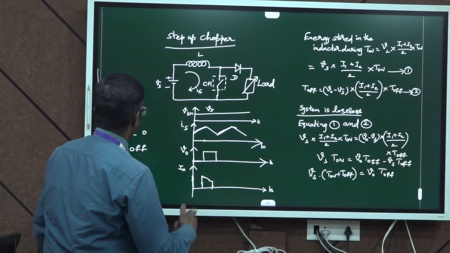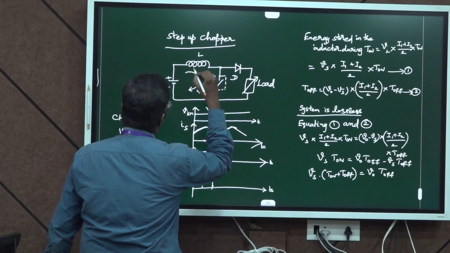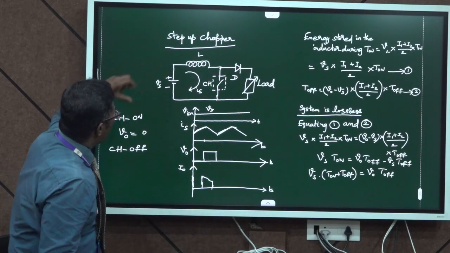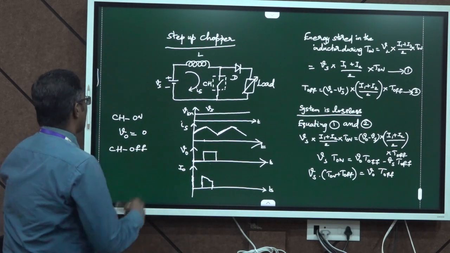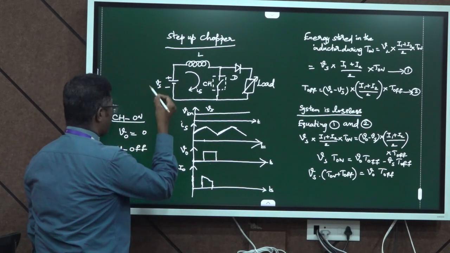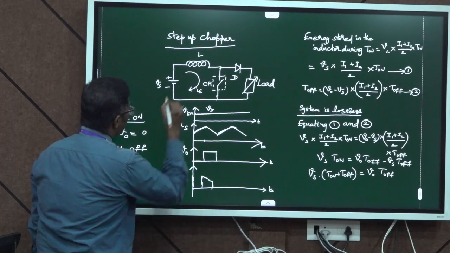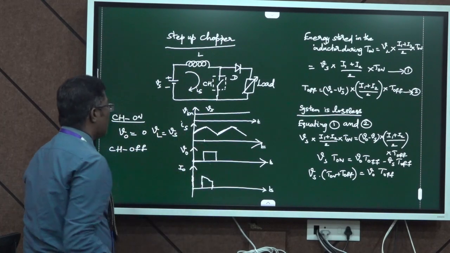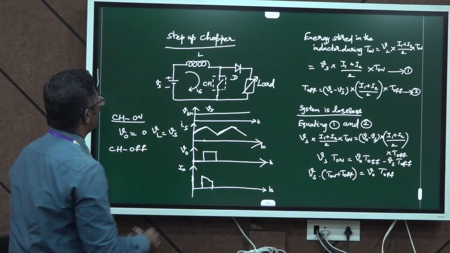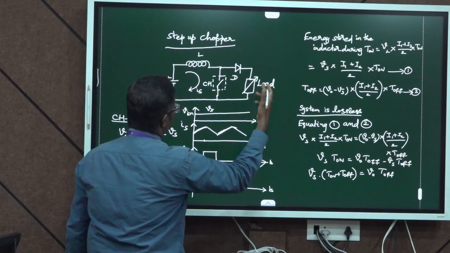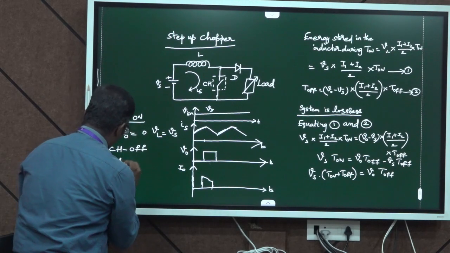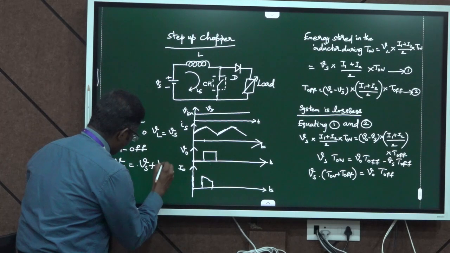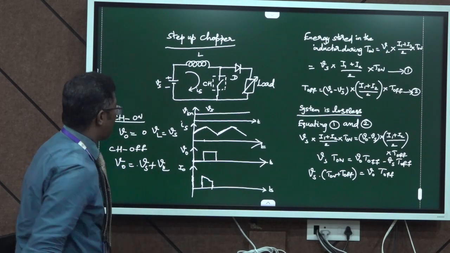at that time the inductor that is present in the circuit has already stored some energy, and that energy will add to the supply voltage. That is, during the on time period the available voltage across the inductor VL will be equal to Vs, and during the off time period the voltage available across the load, that is V naught, will be equal to the supply voltage plus the energy stored in the inductor, that is taken as VL.